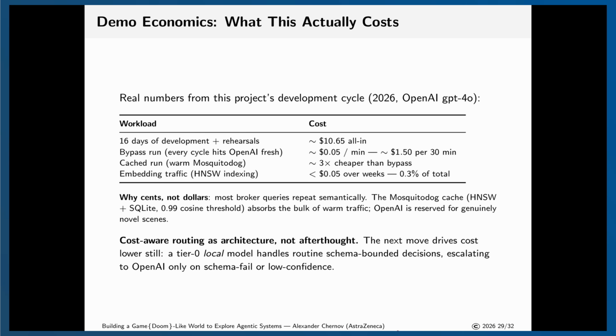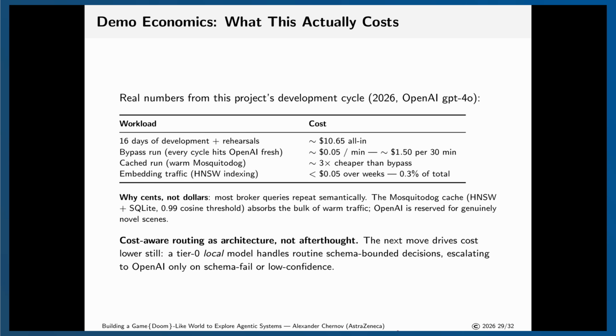Because we're using a semantic cache proxy called Mosquito Dog, and this implementation is custom designed for this demo. It makes us 3 times cheaper than speaking directly to the LLM. But it's also a research topic because this kind of semantic caching proxy is still not entirely developed to a final design.